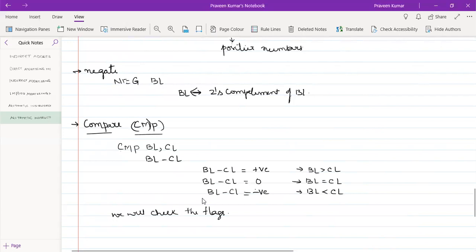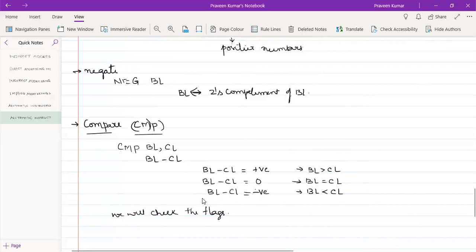If I'm doing BL minus CL, there are two things we can observe: 0 may occur and there may be a negative number also. The moment there is a negative number, that implies I'll borrow something from the other side.